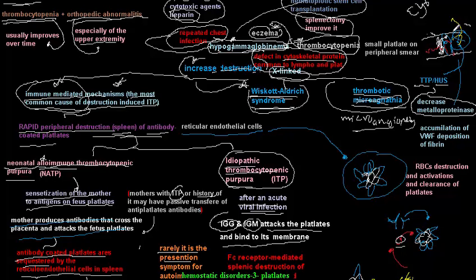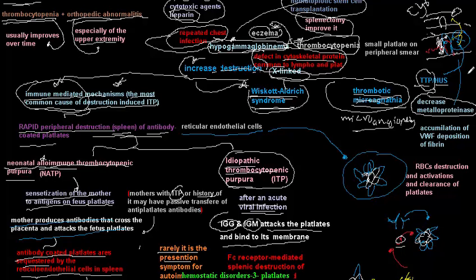Also in the case of hemolytic uremic syndrome, the von Willebrand factor will accumulate, and this will destroy the blood cells that are trying to move in the blood vessel because of the narrowing of the blood vessel due to the accumulation of von Willebrand factor. So in hemolytic uremic syndrome we have bleeding and thrombocytopenia. I'm not going to get into details of this subject, but I want you to know that the same happens in TTP.